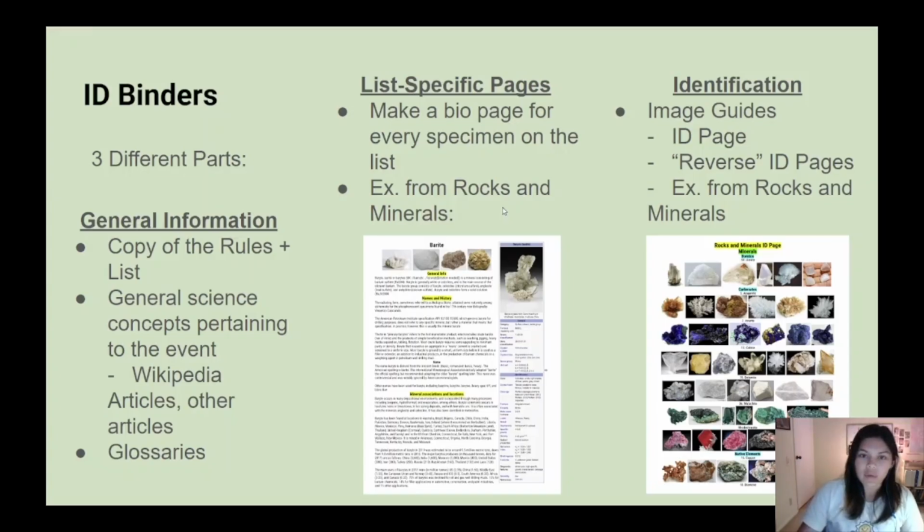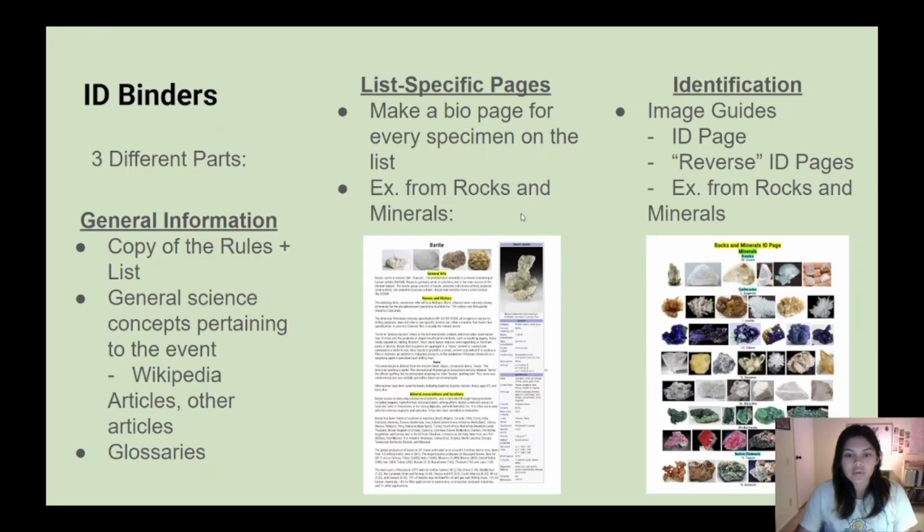The next type of question is going to be questions about each of the specimens on the list, asking about characteristics. So for example, for fossils, this could be something like the stratigraphic range, the time period that the fossil existed, or maybe anatomy or morphology questions, or questions about its behavior or ecology, and that can also all pertain to insects for entomology.